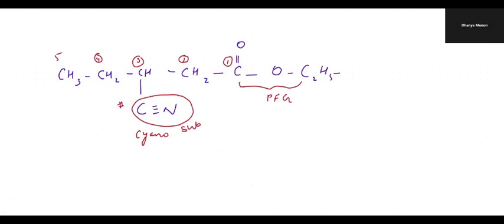So the primary functional group is the ester group. We use the suffix alkyl alkanoate. Alkyl alkanoate. And which alkyl group is over here? Ethyl. So ethyl alkanoate.